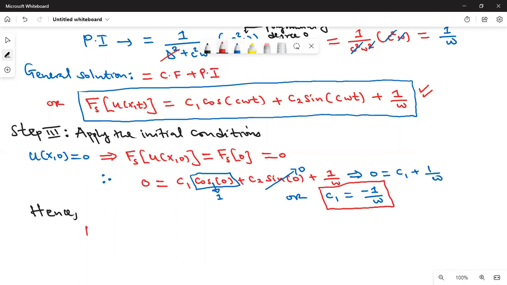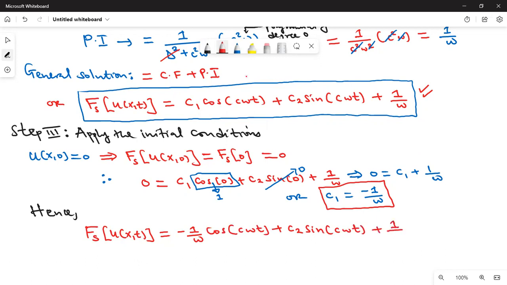We are going to get the Fourier Sine Transform of u of x,t is equal to negative 1 over omega, then here we have cosine of c omega t, plus C2 sine c omega t, plus 1 over omega.